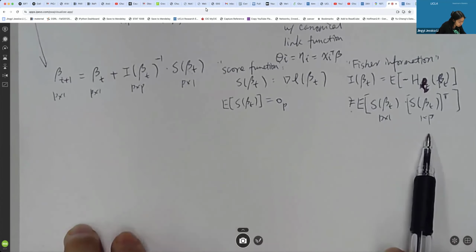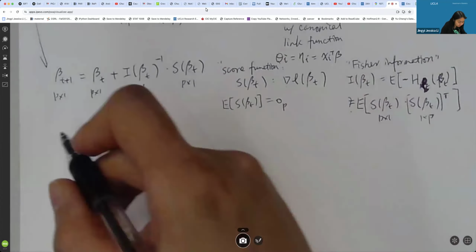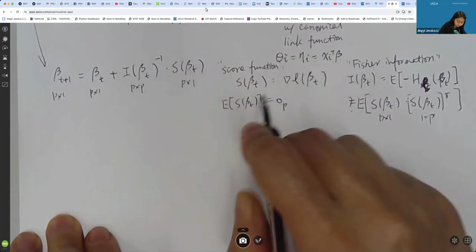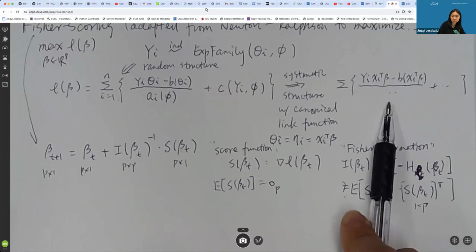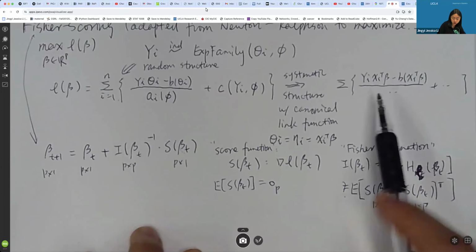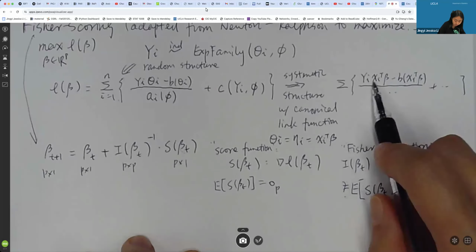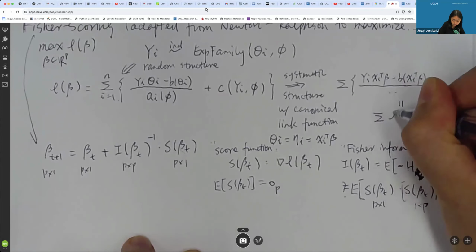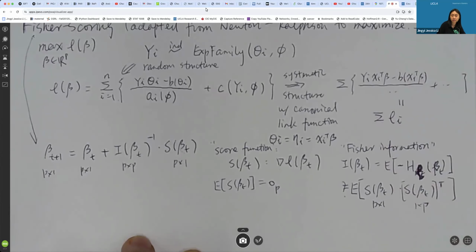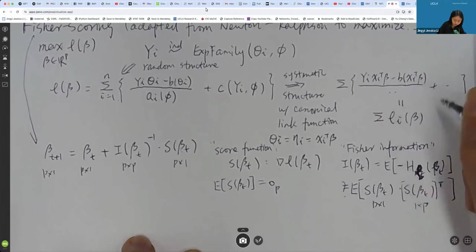Okay, so let's define this log likelihood, because it's a summation. Let me call each term Li. Don't forget that Li is a function of beta.